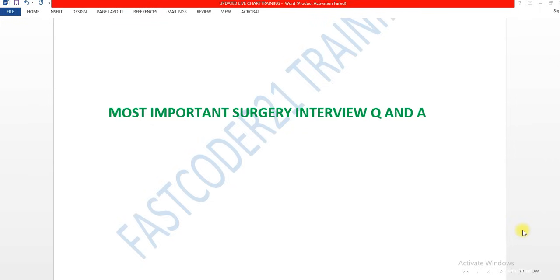So what is the difference between 19120 and mastectomy? 19120 is just cyst excision, excision of the lesion or cyst.